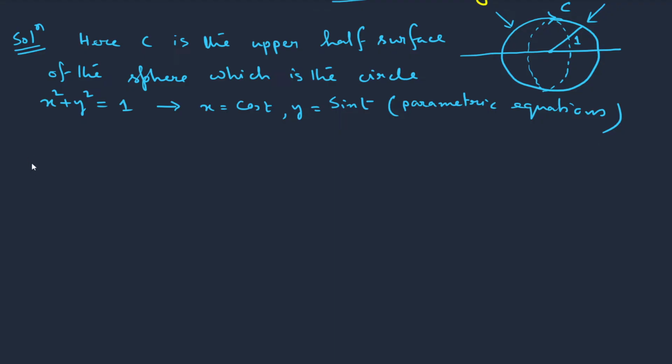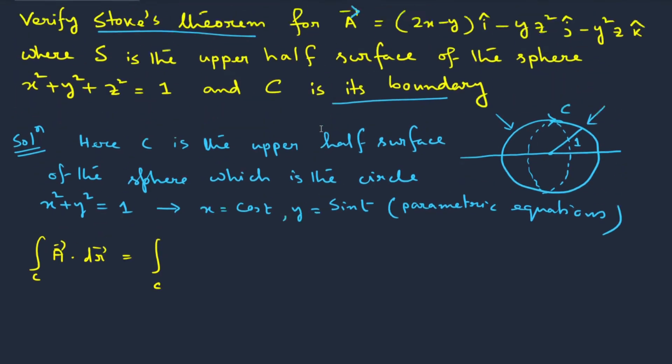Okay, now what is the left hand side? Integration over c of f bar dot dr bar. So in our case it is not f bar, it is a bar dot dr bar. So integration over c of a bar dot dr bar. So a bar is given here, one minute.